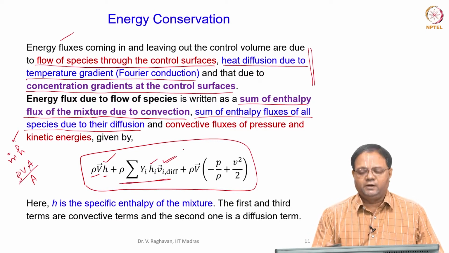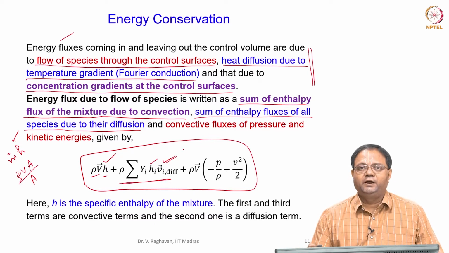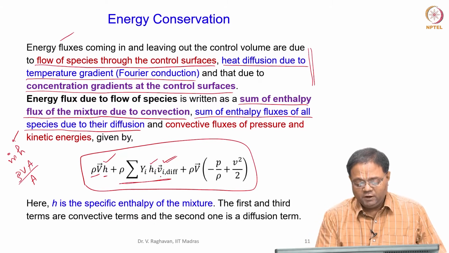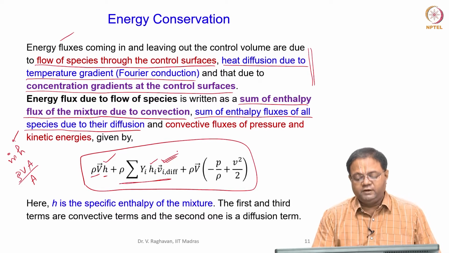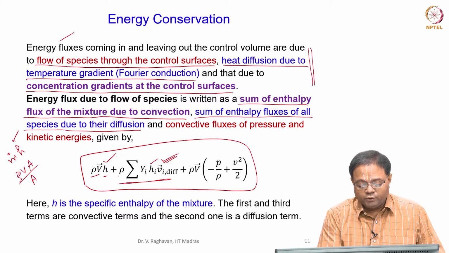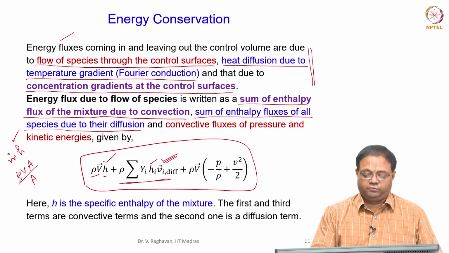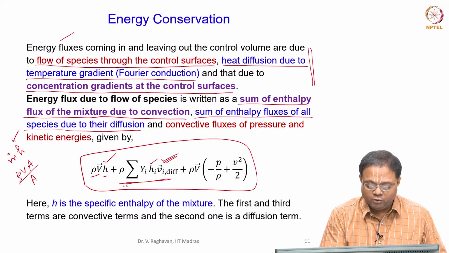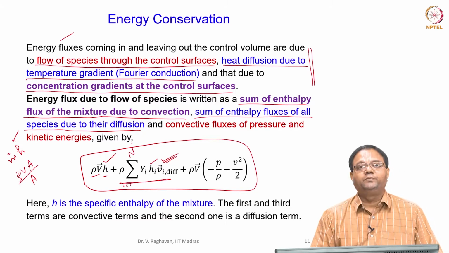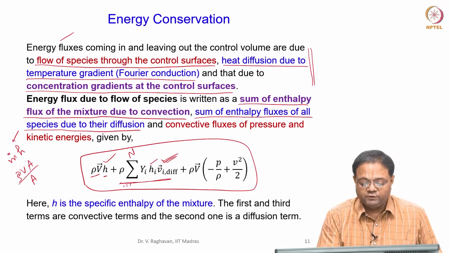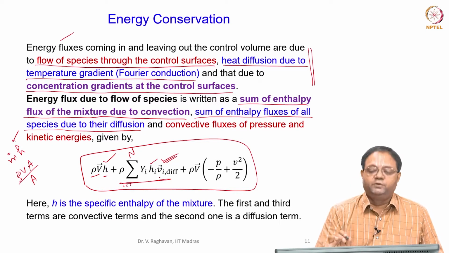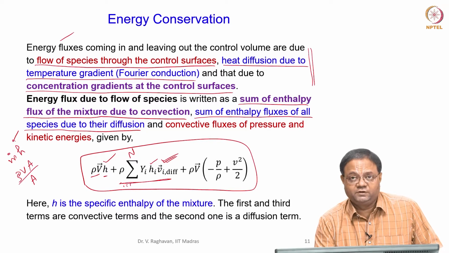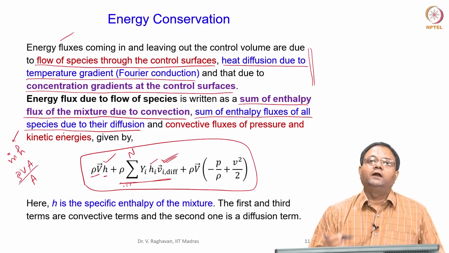Okay, predominantly we can neglect the pressure gradient, body force gradient, etc., but taking into account the ordinary diffusion, at least we can calculate the diffusion velocity Vi diff, and this into the mass of the species, rho into Yi into Hi. So, you have to sum up for all the species. So, this summing up is i equal to 1 to n. For all the n species, this sum is done. So, this is the total enthalpy flux due to the diffusion of the species. So, sum of enthalpy fluxes of all species due to the diffusion.